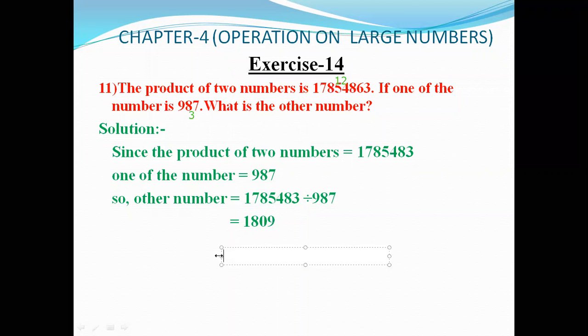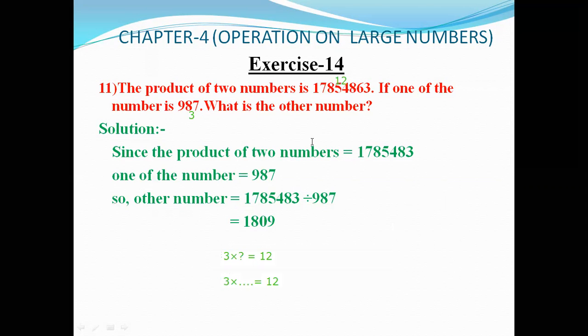How can we make the equation? 3 multiplied by which number is equal to 12? If you work it out, we get this number.